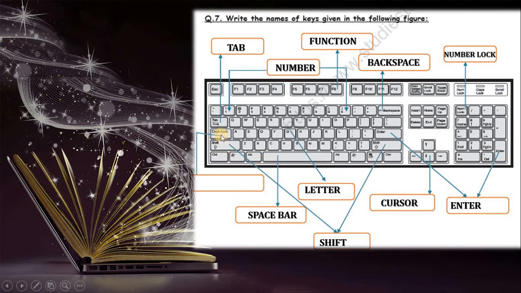Now see the last one, caps lock key. Which key? Caps lock key. And what is its use? Does anyone have an idea about the caps lock key? The caps lock key is used to write in capital letters.